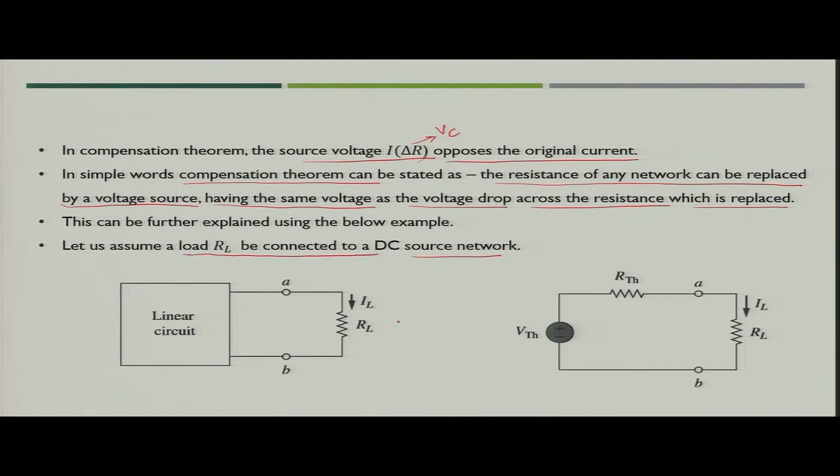When we discussed Thevenin's theorem, we discussed that this particular circuit can be replaced by its equivalent Thevenin voltage in series with Thevenin resistance. So, this circuit can be replaced by the equivalent circuit as shown in the figure, and the load RL is connected across the terminal AB.